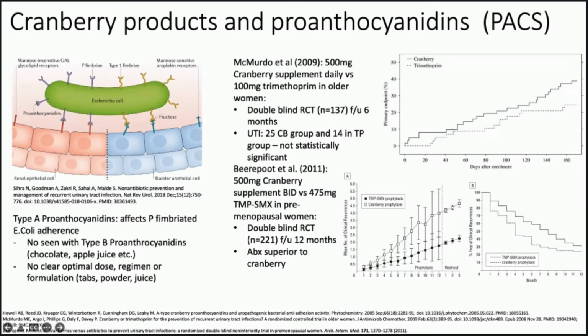But I also want to point out that in this study, they used a dose of Septra prophylaxis that is a little over double actually what is recommended by the AUA, CUA, and SUFU guidelines for daily Septra prophylaxis.